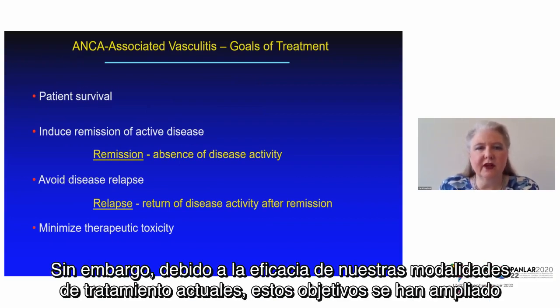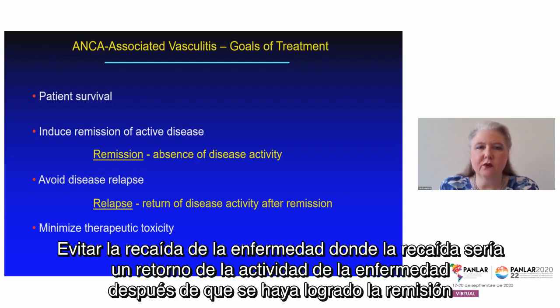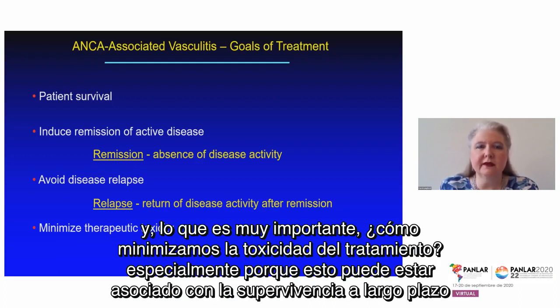However, because of the effectiveness of our current treatment modalities, these goals have become broader to include the remission of active disease, whereby remission would be the absence of disease activity, and avoidance of disease relapse, where relapse would be a return of that disease activity after remission has been achieved. And very importantly, how do we minimize treatment toxicity, particularly as this can be associated with long-term survival?